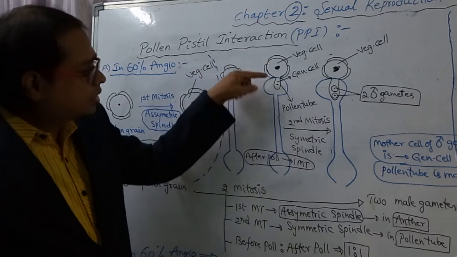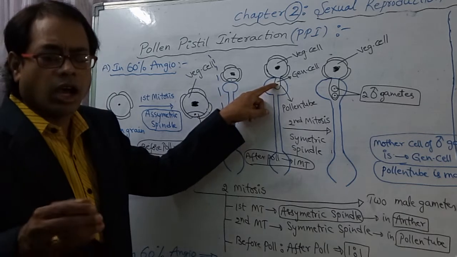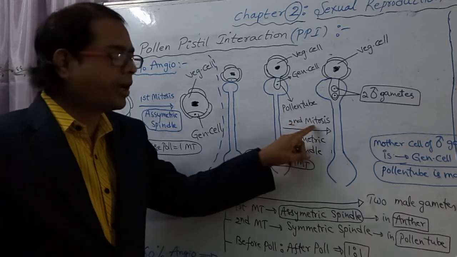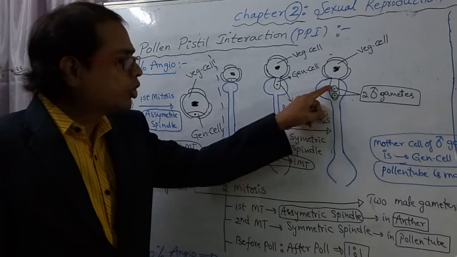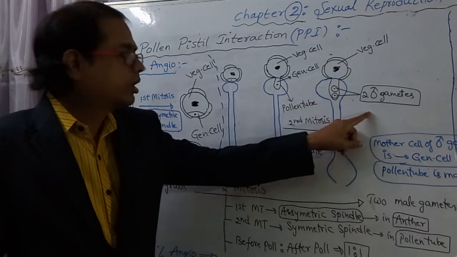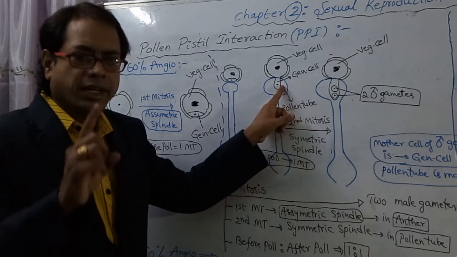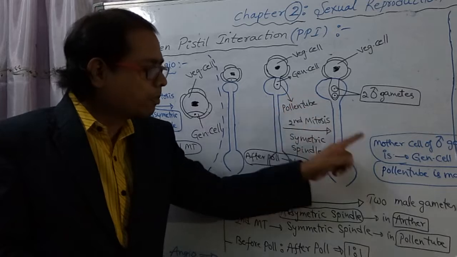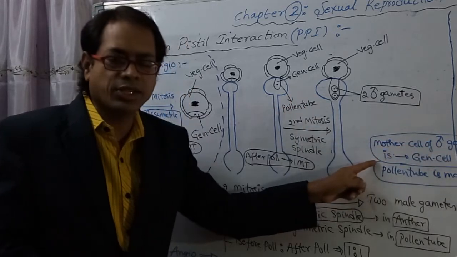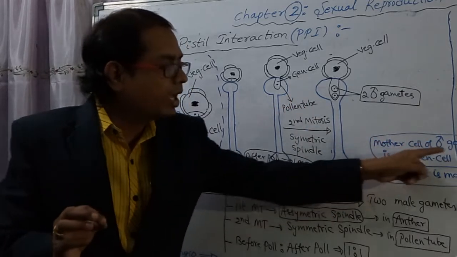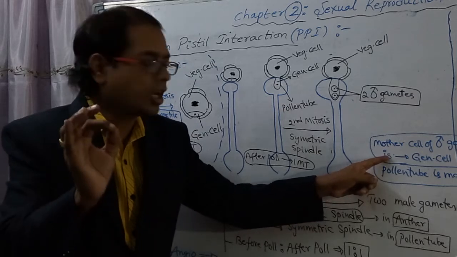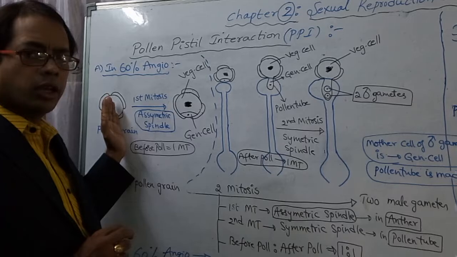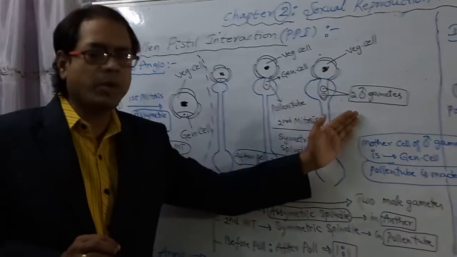Now, this generative cell undergoes the next mitosis, that is the second mitosis, and forms two male gametes. So the mother cell of male gametes is the generative cell. One pollen grain produces how many male gametes?